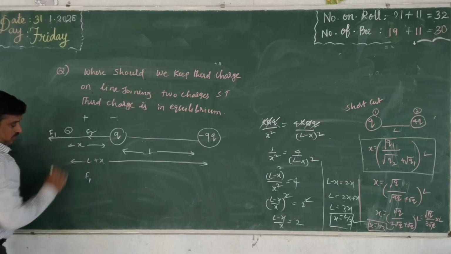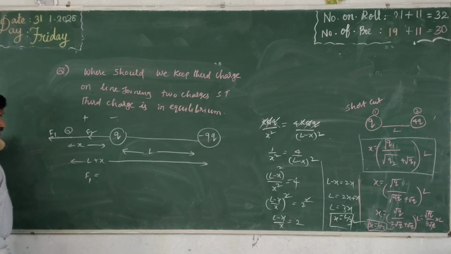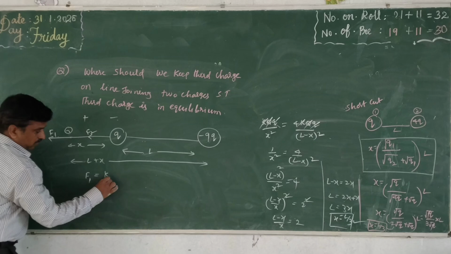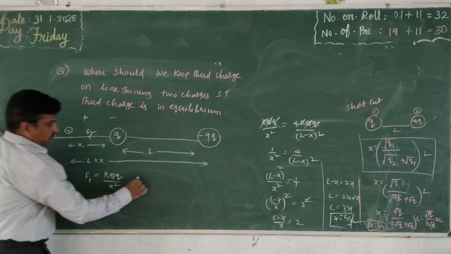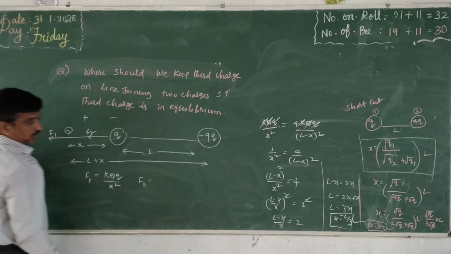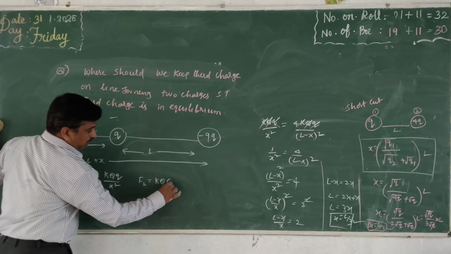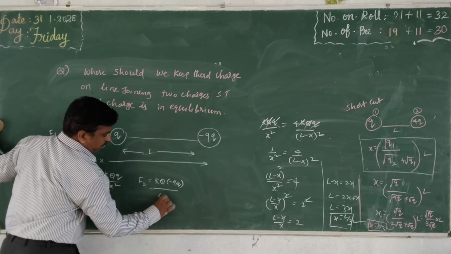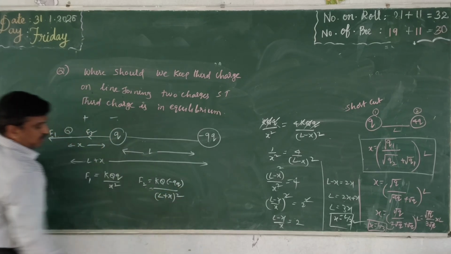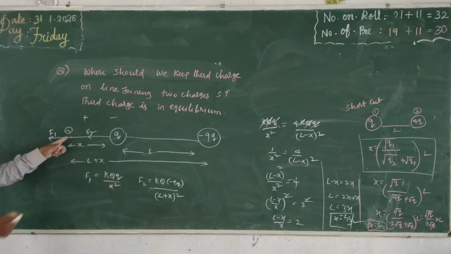Force on capital Q due to the first charge is F1, we can write F1 is K capital Q small q by x square. Force on capital Q due to the second charge is K capital Q into minus 9Q by L plus x whole square. If their net force is 0, then only the third charge is in equilibrium.